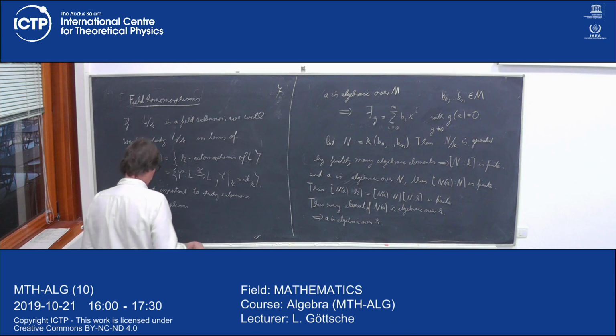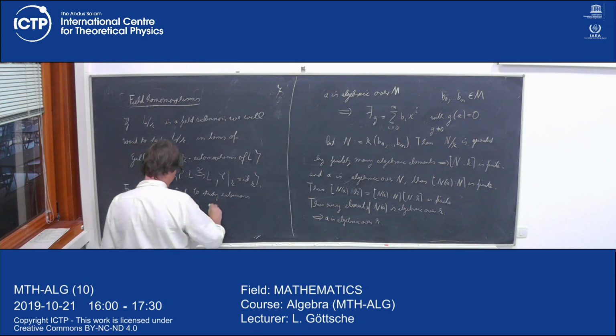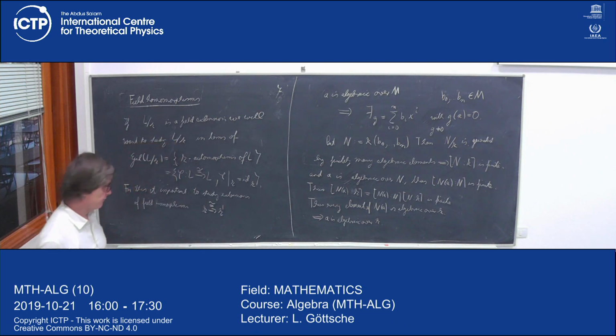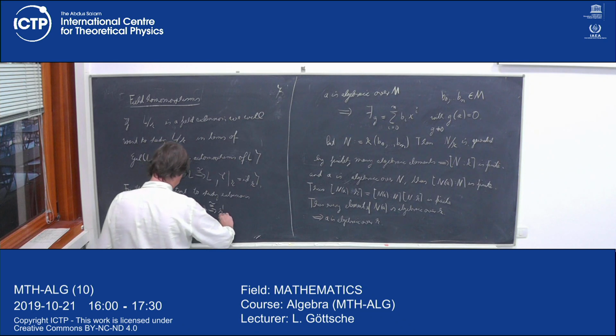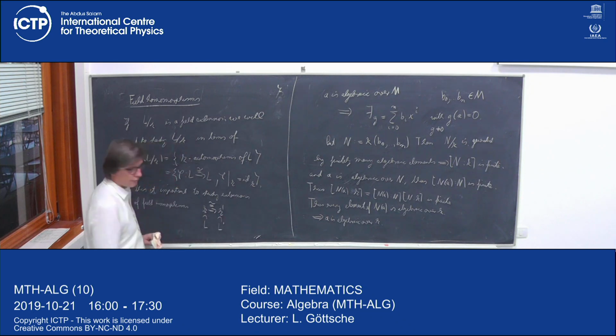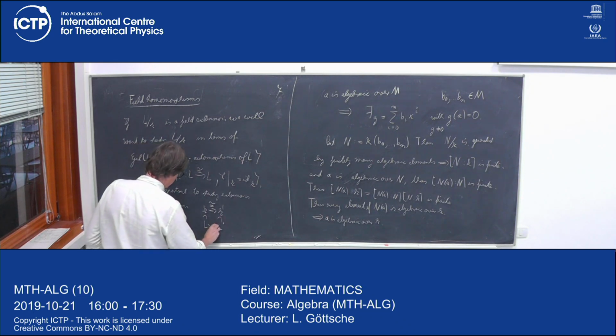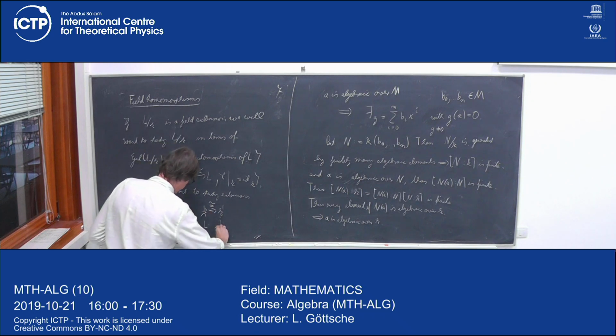So basically the idea is you have an isomorphism, say from K to K prime, an isomorphism of fields, and you have a field extension L over K, and then you want to find an isomorphism between these bigger fields. So maybe I write it. So this was L prime.